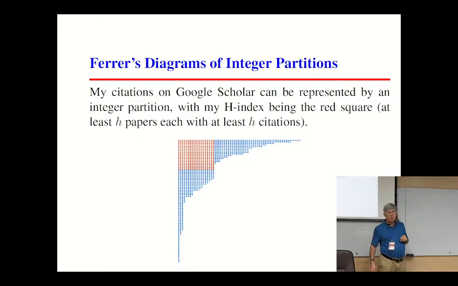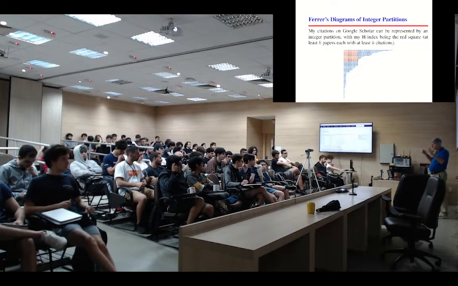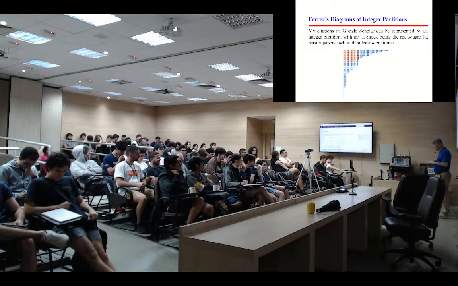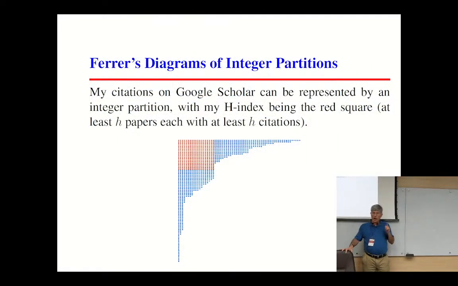So if you look at something like Google Scholar, how many of you are familiar with Google Scholar? This is a great way to look up research papers. For every professor, you can look at all the papers that they wrote, and they have them sorted by how many times they were cited.